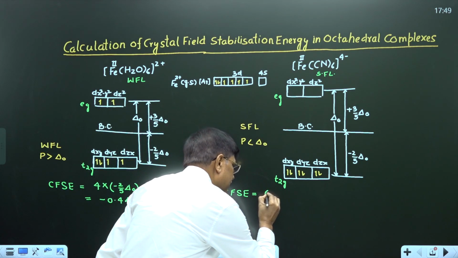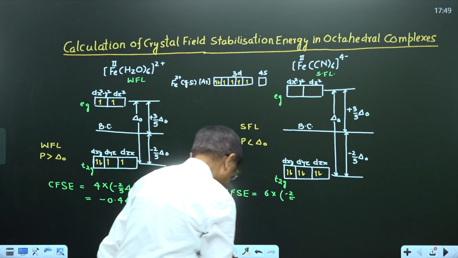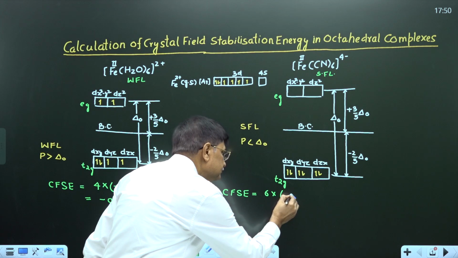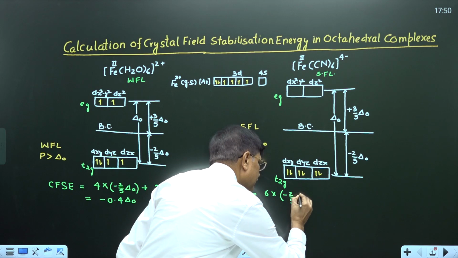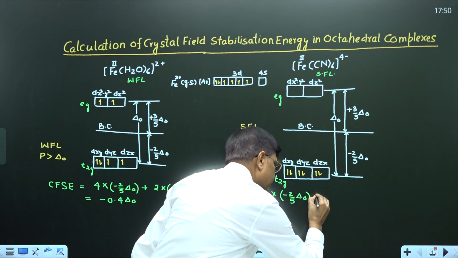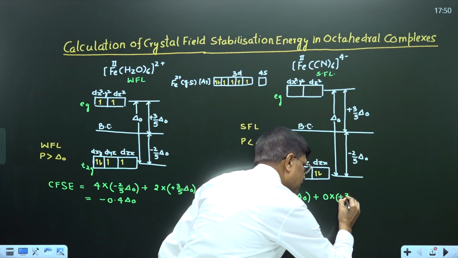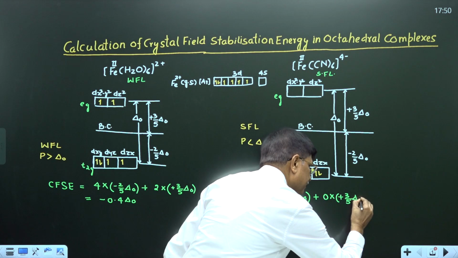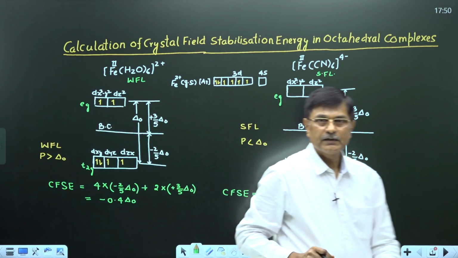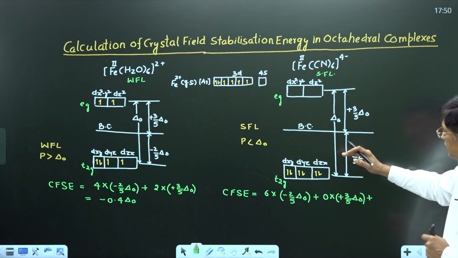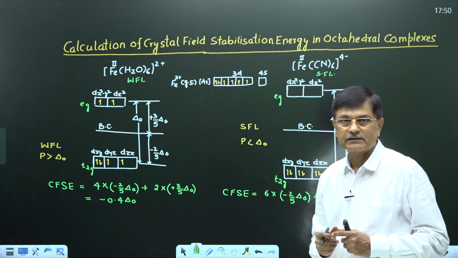So 6 multiplied by minus 2 by 5 delta O plus 0 multiplied by plus 3 by 5 delta O plus, dear students, in the case of SFL, 2 extra pairs of electrons are there.